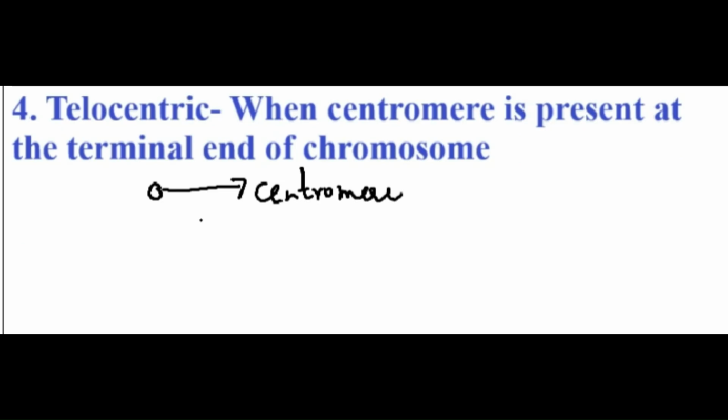When the centromere is present at the terminal end of the chromosome, then it is called telocentric. We cannot see arms on one side because they are too short, and on the other side they are extremely long. So this kind of chromosome is called telocentric.